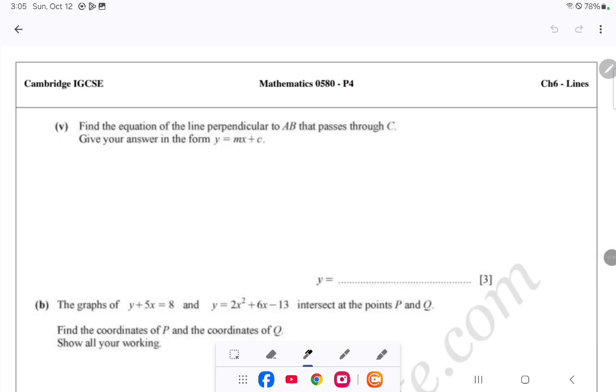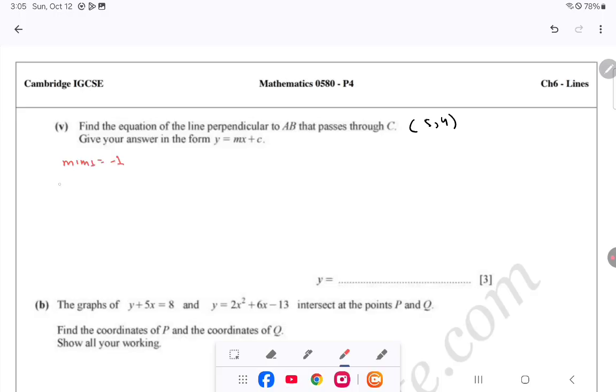So in part 5, find the equation of the line perpendicular to AB that passes through the point C. So the point C is 5, 4, which is already given in the question. Now a line which is perpendicular to AB. To find the perpendicular, we have the formula m1 times m perpendicular is equal to negative of 1.